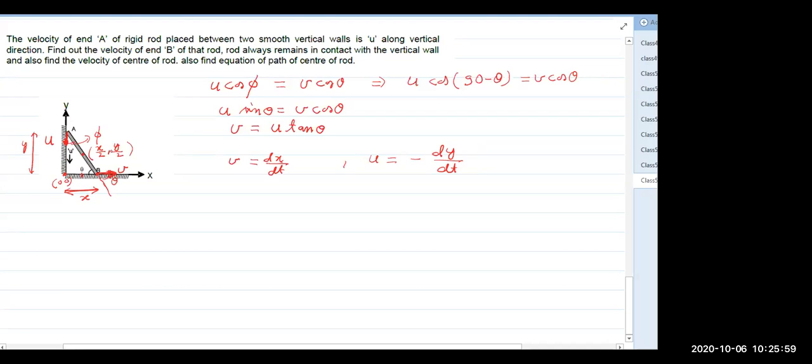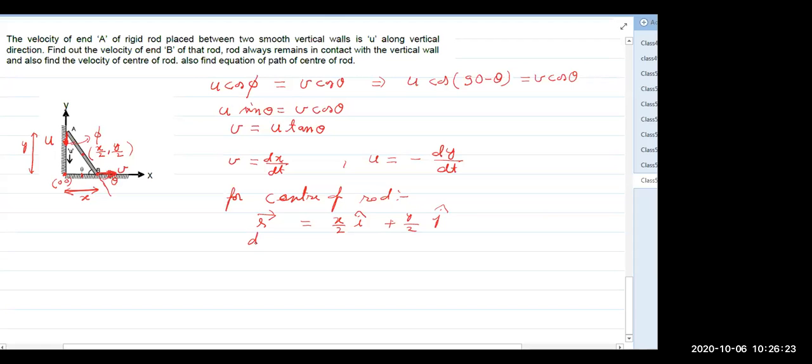Now if you want to write the speed, we have to write it for the center of the rod. The position r is x by 2 i cap and y by 2 j cap.